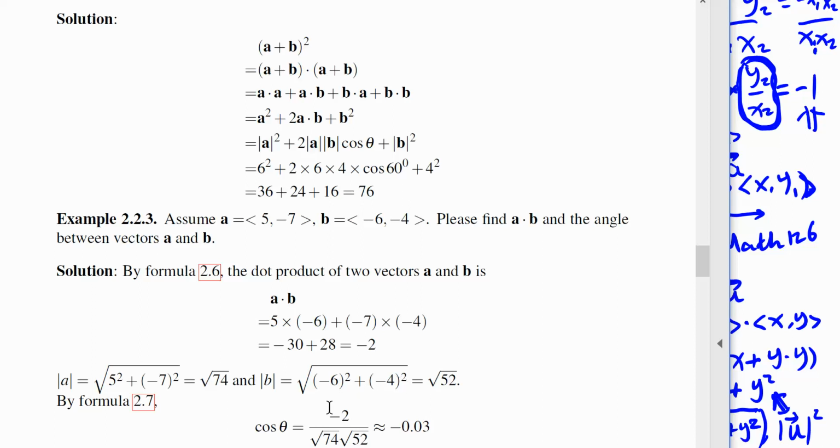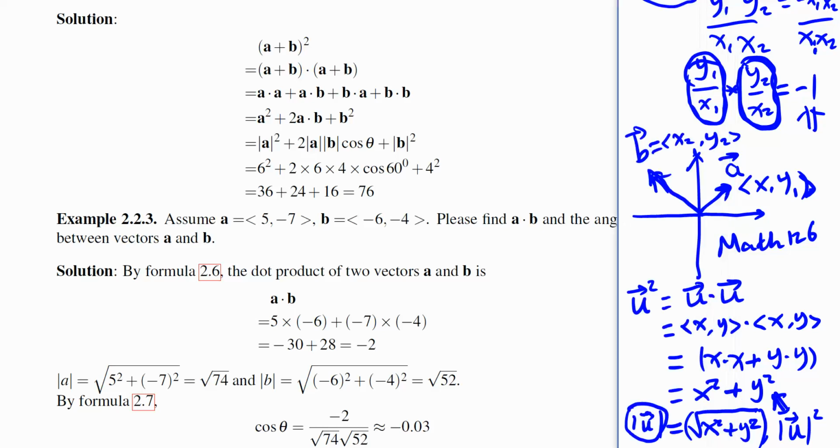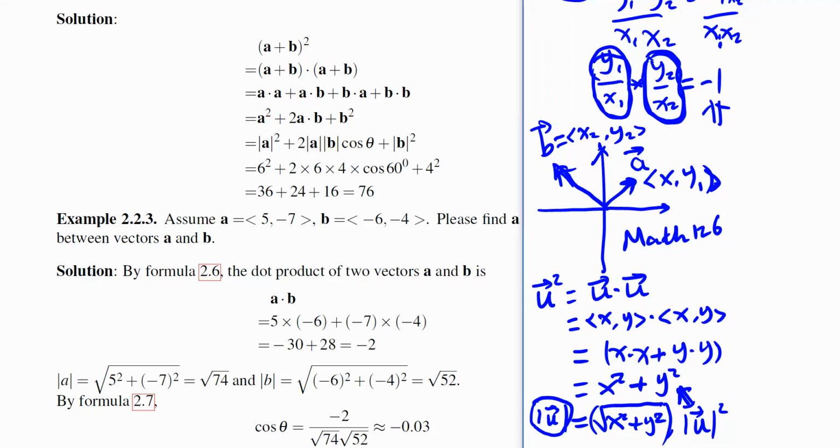Then what do we have? -6 squared, which is 36. -4 squared, 16. So add together, which gives us 52.